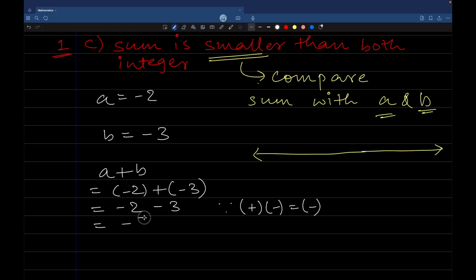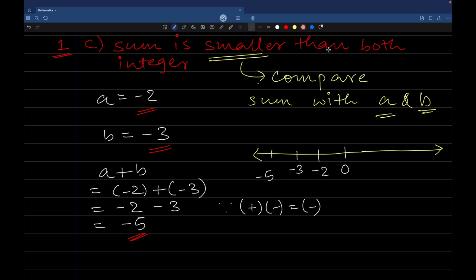equals minus 5. Now let us plot these numbers on the number line, that is minus 5, minus 2 and minus 3. We have 0 in the middle of the number line, then we have minus 2 on the left of 0, minus 3 on the left of minus 2, and we have minus 5 on the left of minus 3.